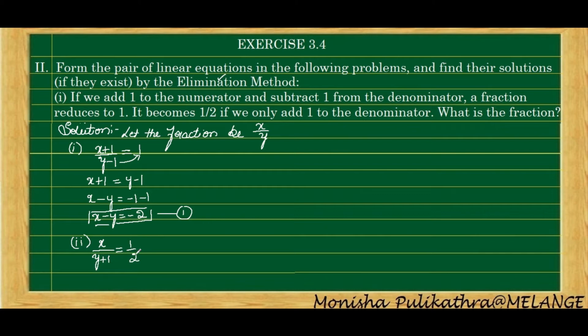Again we need to multiply. 2 into x is 2x is equal to y plus 1 into 1 is y plus 1. Next, 2x minus y is equal to 1. So this is the second equation. So next we need to solve equation 1 and 2.